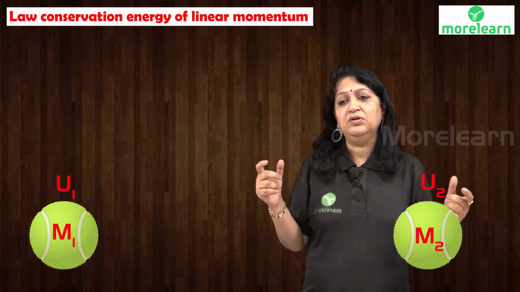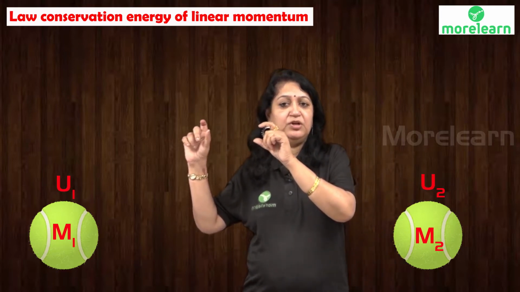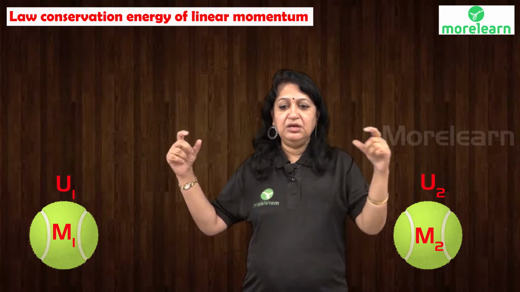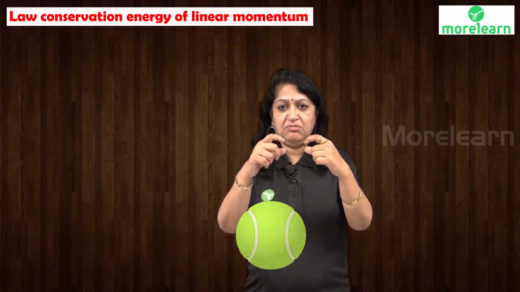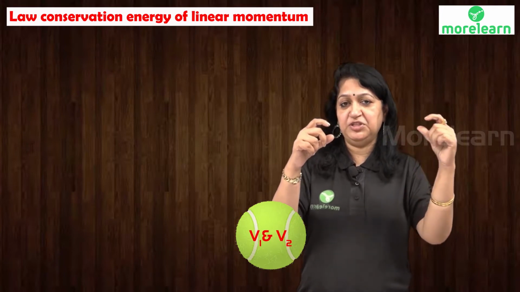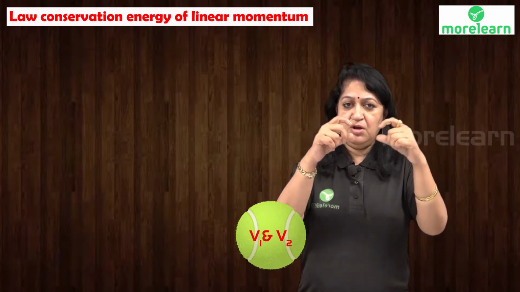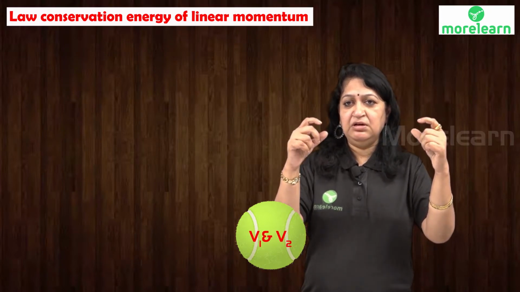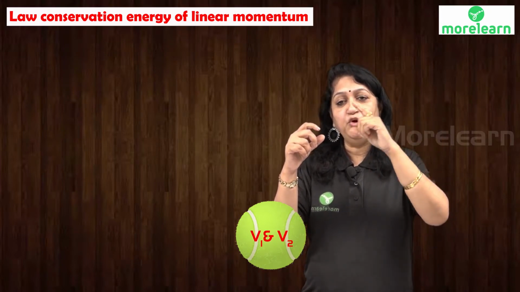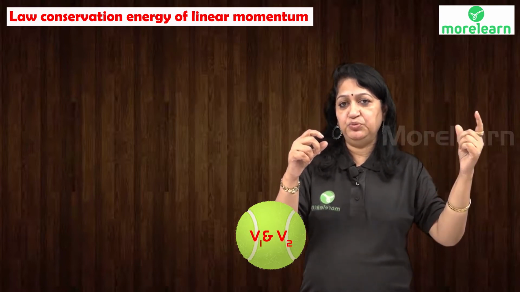So the two balls have masses m1, m2 and initial velocities u1, u2. They collide with each other and attain the velocities v1 and v2 respectively. So after collision, the velocity changes from u1 to v1 and from u2 to v2.